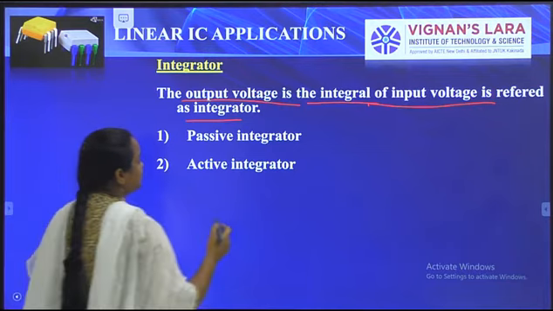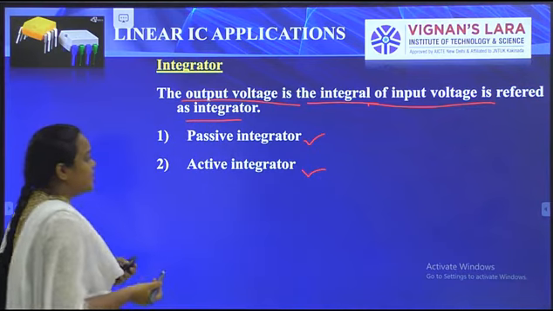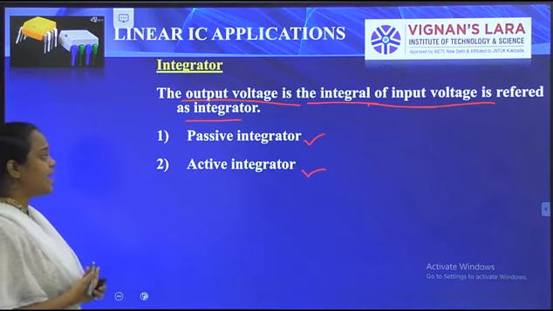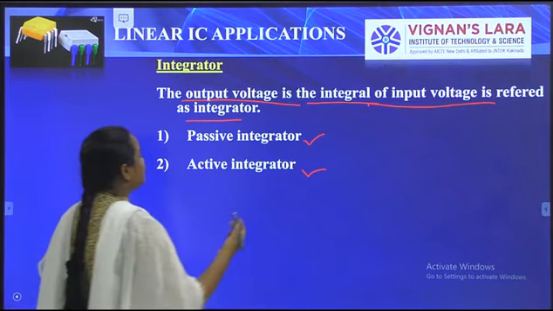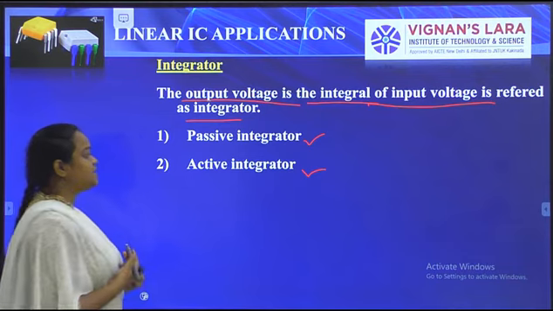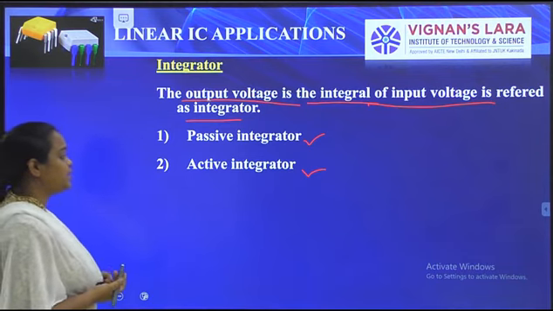Integrators are divided into passive integrators and active integrators. A passive integrator is a circuit which has passive elements. An active integrator is a circuit with active elements in the network.